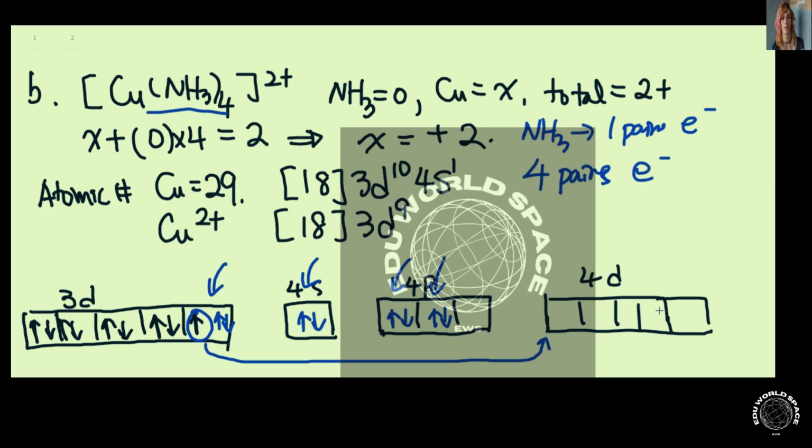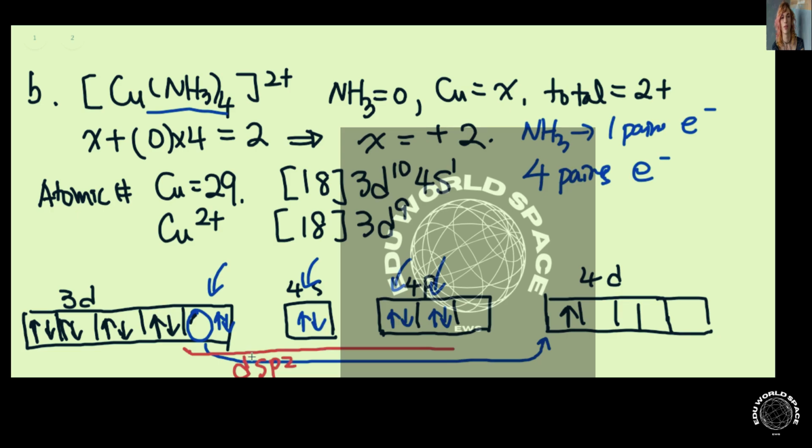Right, so this is the 4d orbital, and these electrons will be moved to here, and this will be gone. All right, so this is how the complex looks like, and this is right here, a dsp2 hybridization.